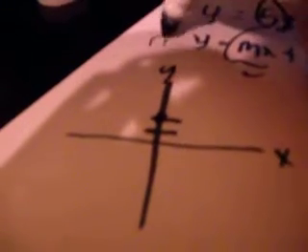So what this looks like is your standard graph. Since 2 is the y-intercept, this graph is going to cross at 2 on the y-axis. And the slope is 5, so that is rise over run.